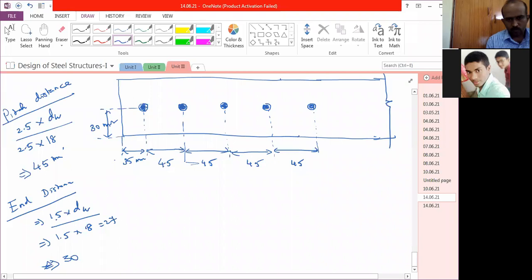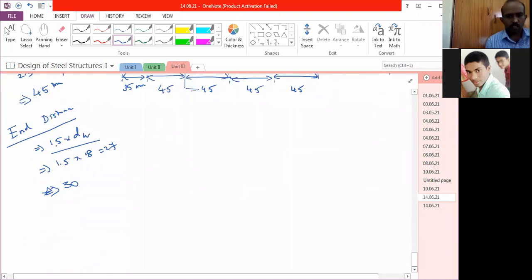So we are providing one design on this condition: pitch distance 45, edge distance perpendicular to the load direction 30, and along the load direction the end distance is 35. I am telling this is the final design in order to carry the 120 kilonewton.